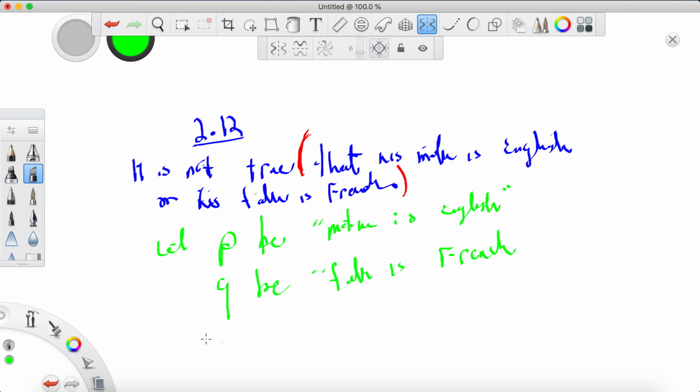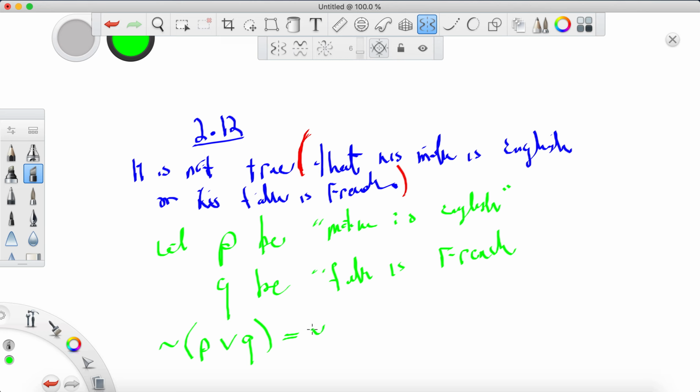And so basically what this is saying is it is not the case that P or Q, and the reason this isn't simplified is because we can distribute that not, right?